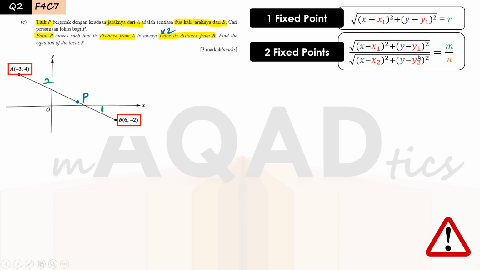Okay, but this formula is not given in the formula sheet, but I want y'all to, instead of memorizing it, understand it. Okay, so for each side, which means the numerator and the denominator, they are focusing on one fixed point. And for both sides, we are just finding the distance.